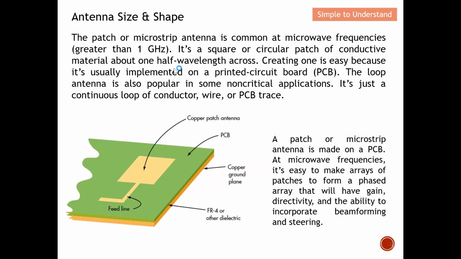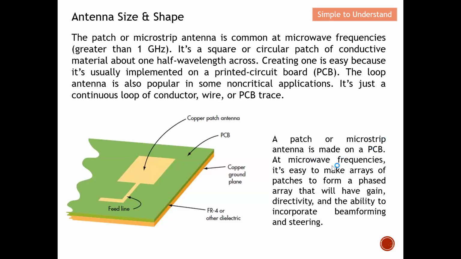The loop antenna is also another popular antenna for so-called non-critical applications. Again, it's just a continuous loop of conductor wire or maybe even a PCB trace. A patch or microstrip antenna can be simply constructed on a PCB.